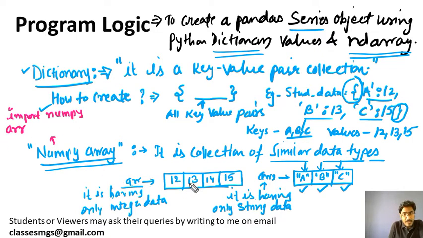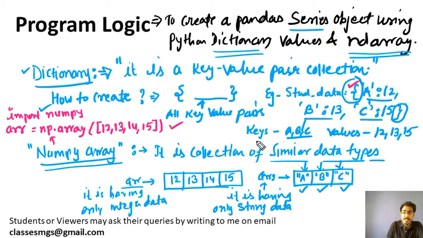Let's suppose you want to create it like this: you can use the np.array method and pass 12, 13, 14 and 15. So this is how you can create the NumPy array, and this is how you can create the dictionary. If you know both the concepts, dictionary and NumPy array, then we can move ahead and understand the Series object and how we can create it. Okay, so I am just brushing through this and we are moving towards the Series object.